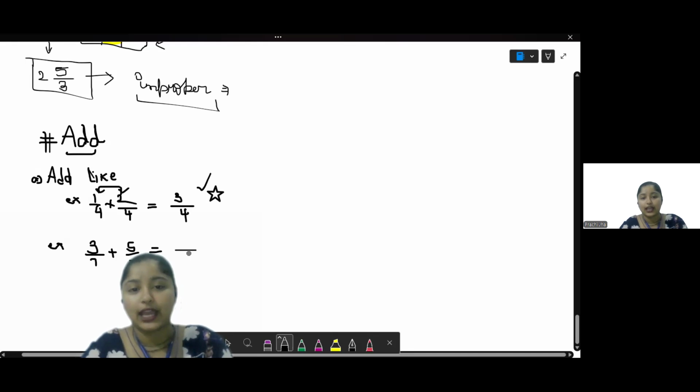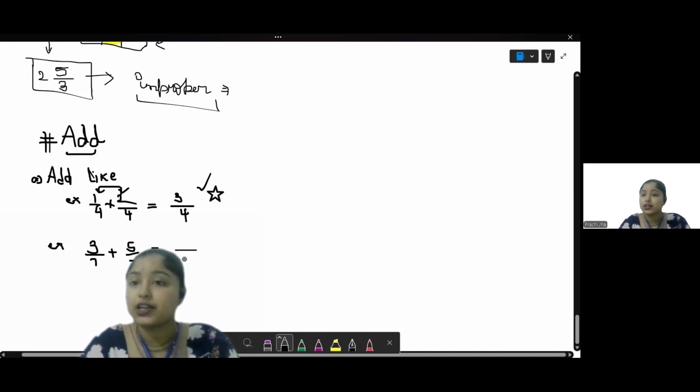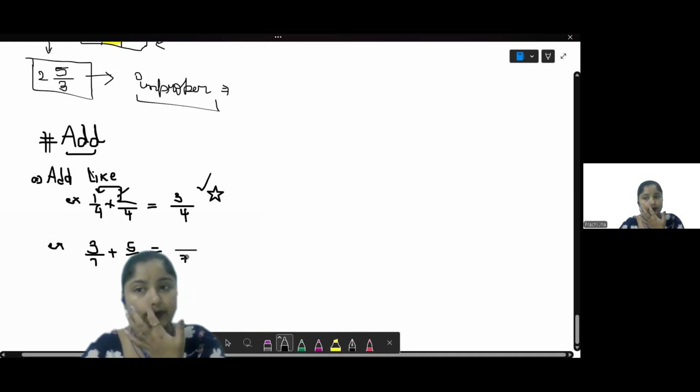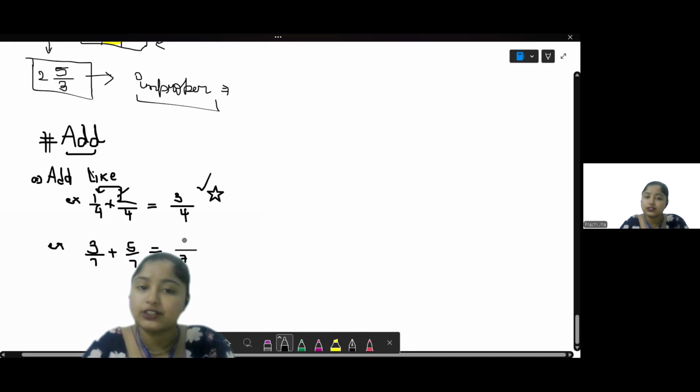Okay, so as I've told you, the numerator will perform the operation, whatever operator it is, but the denominator will remain constant. Same goes with this as well. So the denominator is going to be 7 only, but the numerator you need to add. So 3 plus 5 is nothing but 8, right?